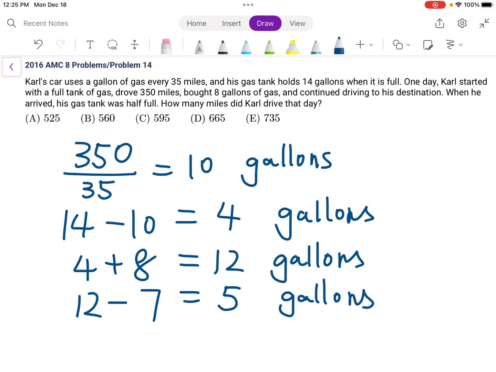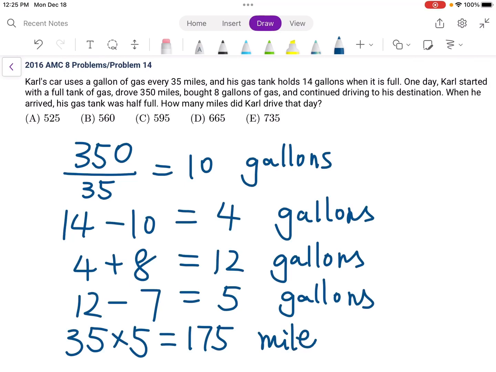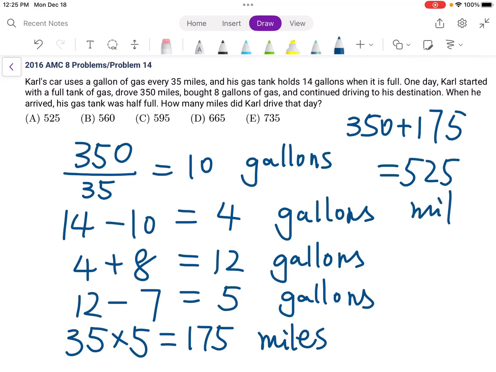And because with 1 gallon of gas he travels 35 miles, we use 35 multiply 5. So that's 175 more miles he traveled. And 350 plus 175 equals 525 miles in total. That's the total distance. So the answer is A.